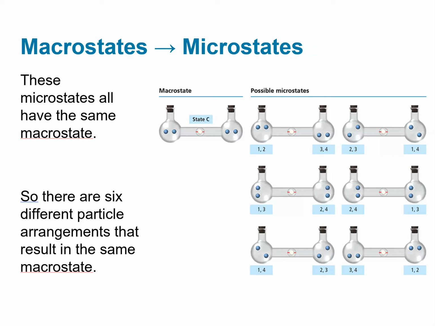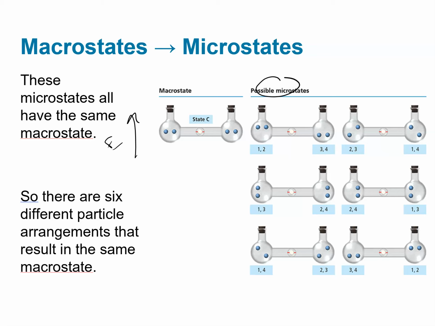What's really important to look at in this particular diagram is that all the possible microstates we're showing on the right side have the same fundamental macrostate. We have 2 particles per side, and they'll have an average of the same energy level if particle height is related to energy level.